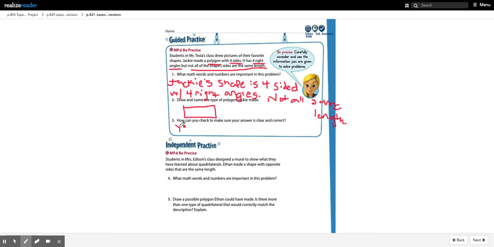You can draw different shapes. And think about what you can do when you draw those different shapes.